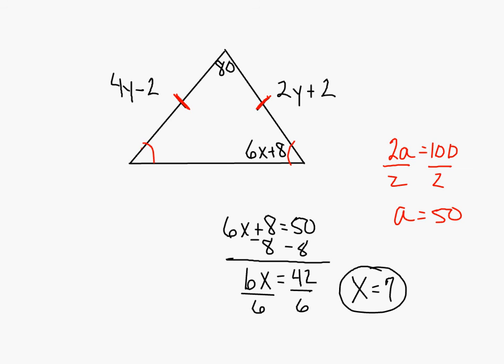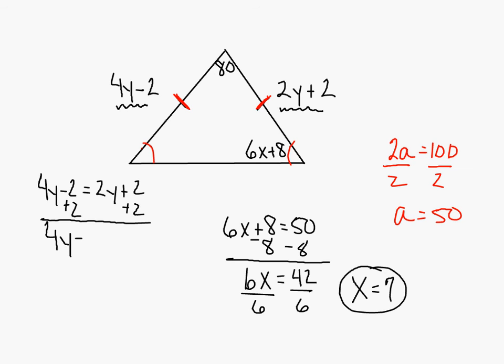What do you know about the 4y minus 2 and the 2y plus 2? They're congruent, aren't they? So 4y minus 2 equals 2y plus 2. Add 2 to each side, so 4y equals 2y plus 4.